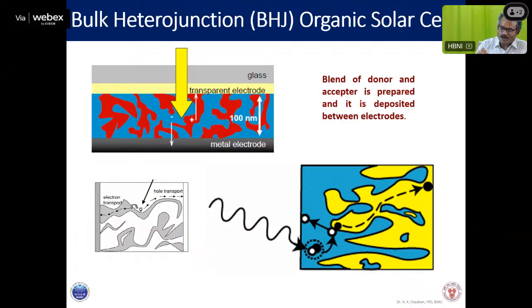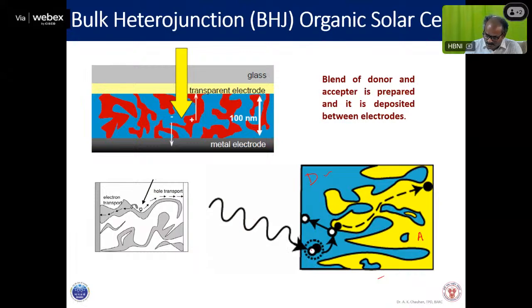Let us assume the ideal case. All these three pictures are just to give a clear picture, but they are effectively the same. Suppose this blue is donor and this yellow is acceptor.